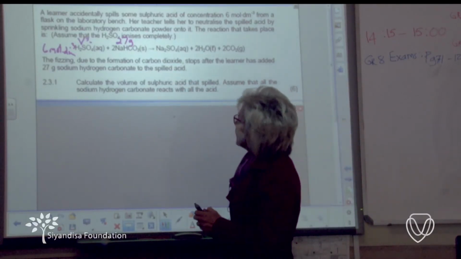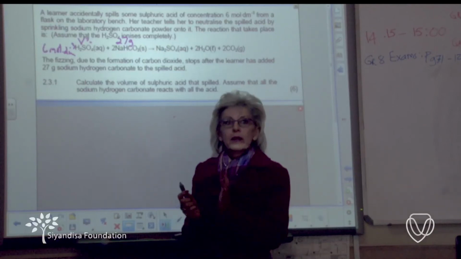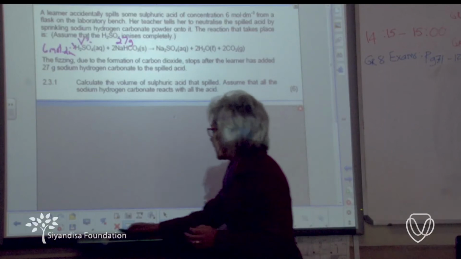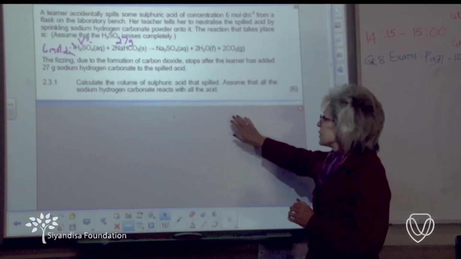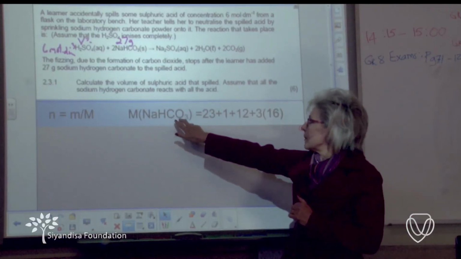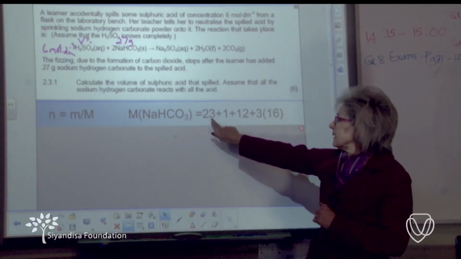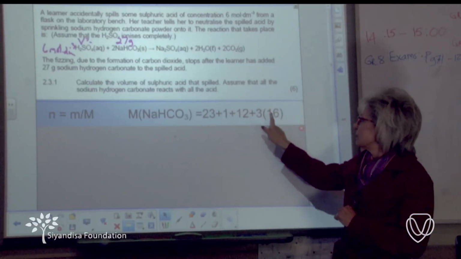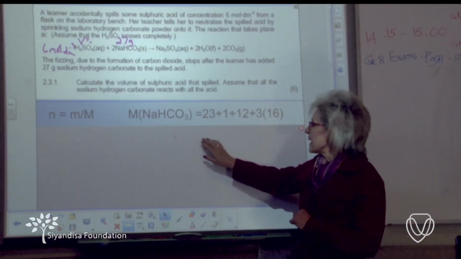Okay, so first thing, I've got no clue where I'm going, so I am working with what I've got. And what I've got is mass of sodium hydrogen carbonate. Therefore, calculate the molar mass of sodium hydrogen carbonate, 1 atom of sodium, 1 hydrogen, 1 carbon, 3 oxygens, giving us 84.